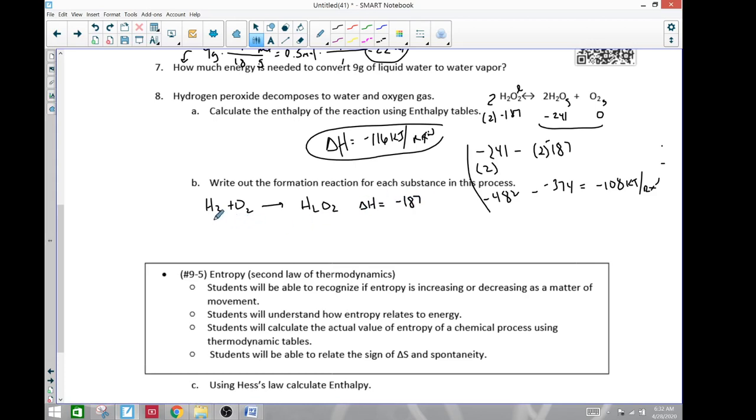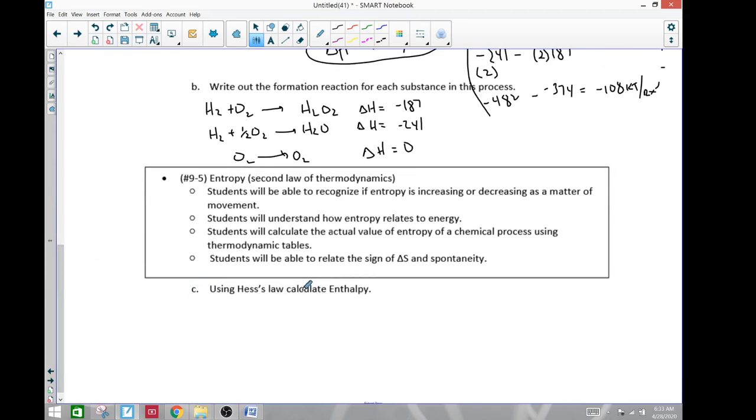And then for the water, it's H2 plus 1/2 O2 yields H2O. And the delta H of formation of this is negative 241. And there is nothing else for oxygen. Oxygen just goes from oxygen to oxygen, and therefore the delta H for this is 0.